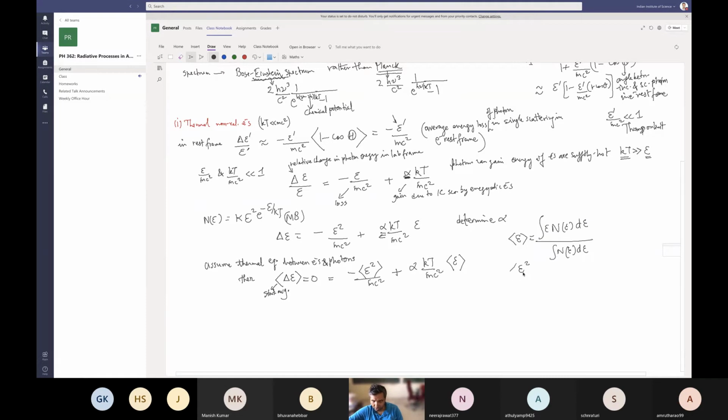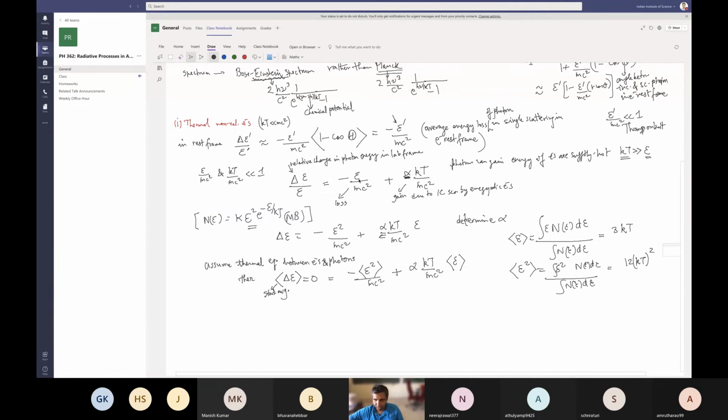Similarly, the average epsilon squared is the integral of epsilon squared n epsilon d epsilon divided by the integral of n epsilon d epsilon. And if we plug this in, we have epsilon cubed e to the minus E by kT. So this we can easily calculate for the Maxwell-Boltzmann distribution function. What do we get? We get 3 kT. And what do we get for this? We get 12 kT squared.